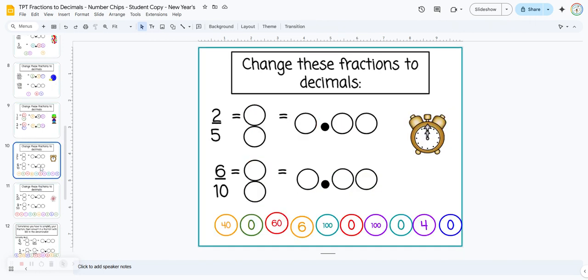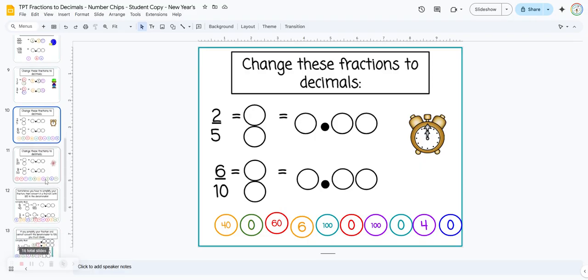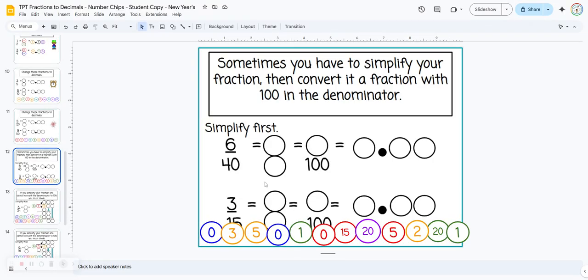They're going to do the same thing on the next 2 slides, just changing their denominator to 100 first. When they get to slide 12, now they have a denominator that they can't change to 100. So they're going to have to simplify first. So 6/40ths, if we divide the numerator and denominator by 2, we get 3/20ths.